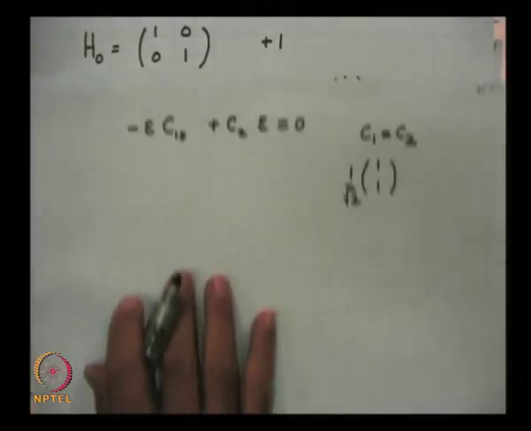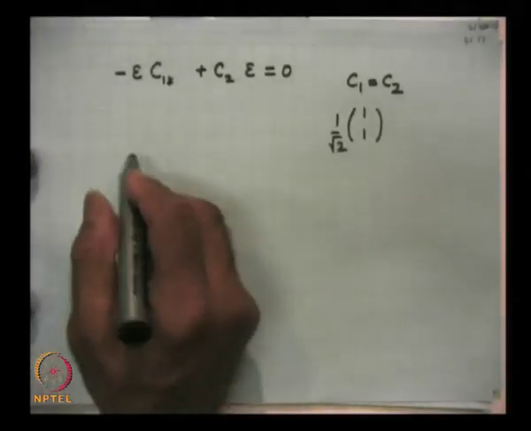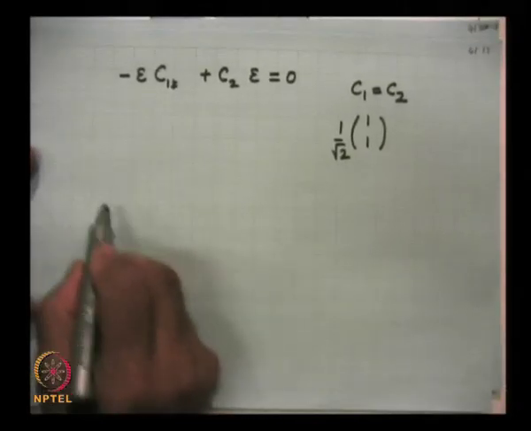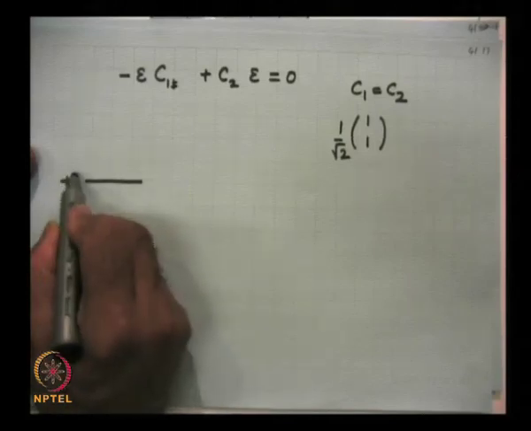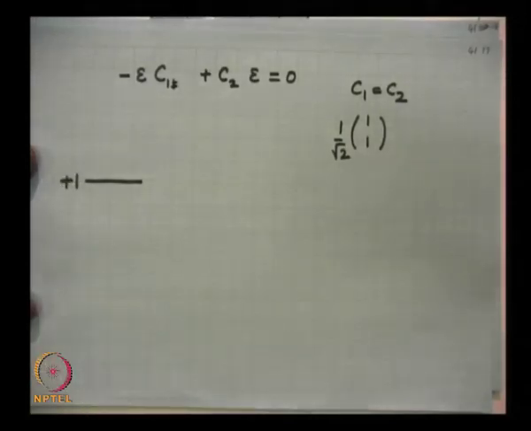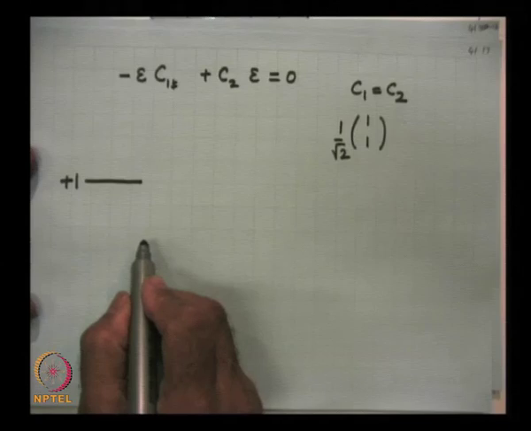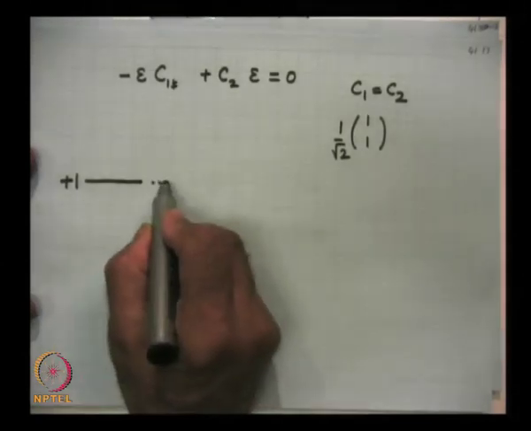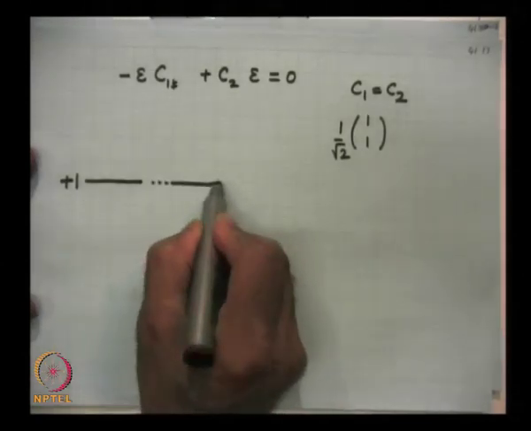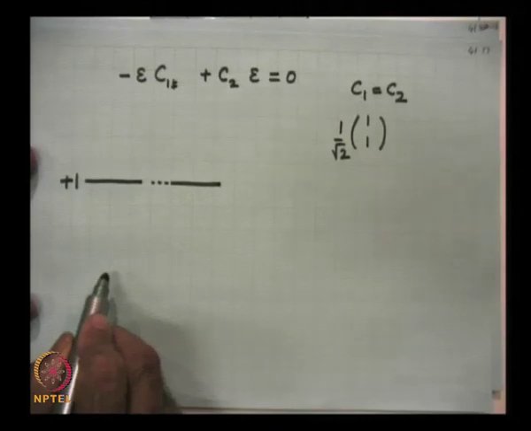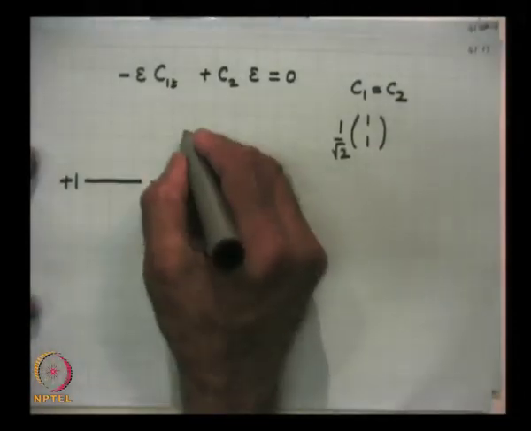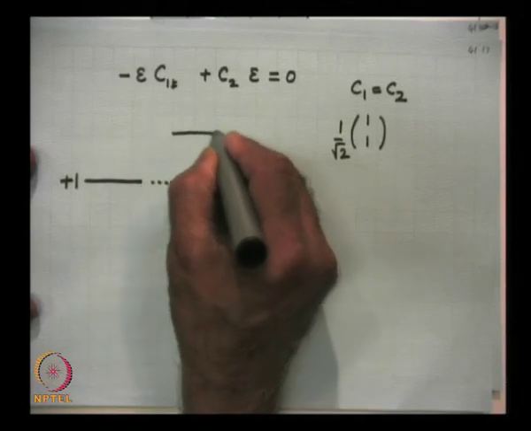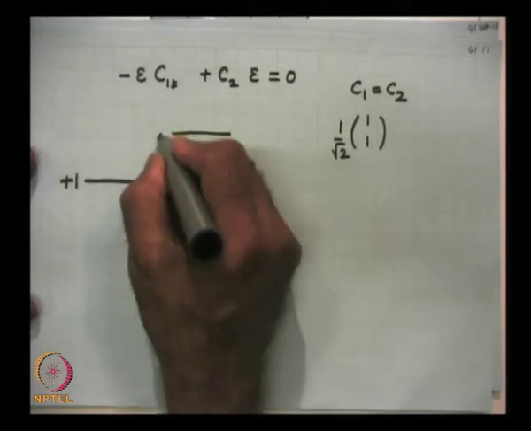So, the degenerate state had only one eigenvalue, 1 plus 1. When you apply the perturbation, it splits into two states. One, the perturbation is 0 and the second is 2 epsilon. So, the splitting is 2 epsilon.